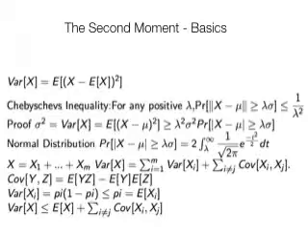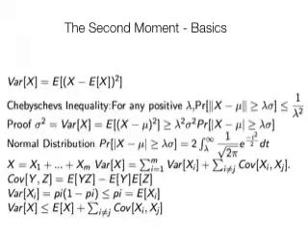Note, however, that when X is a normal distribution with mean mu and standard deviation sigma, then the probability that the absolute value of X minus mu is greater than or equal to lambda sigma equals 2 times the integral of 1 over the square root of 2 pi times e to the minus t squared over 2, from lambda to infinity.